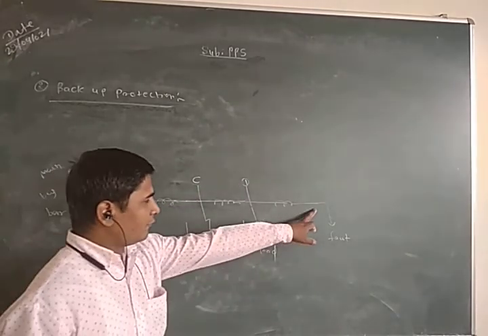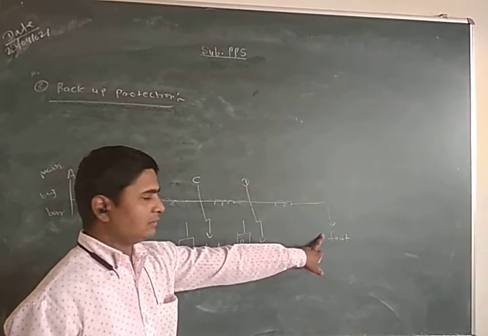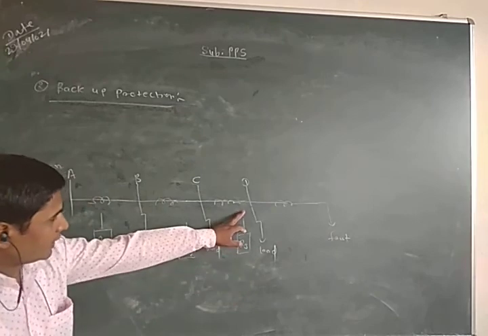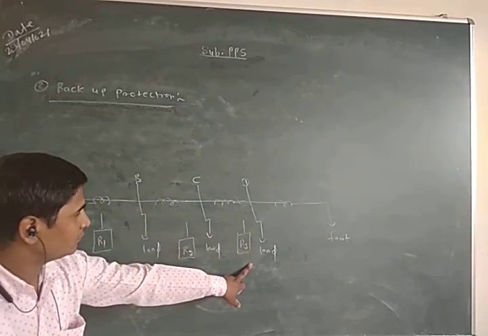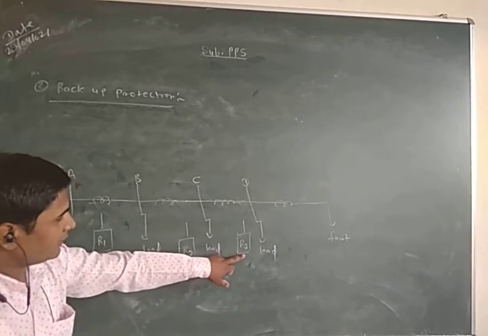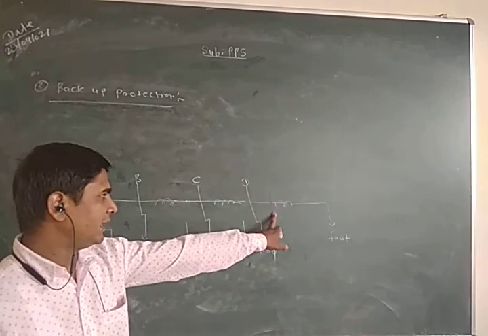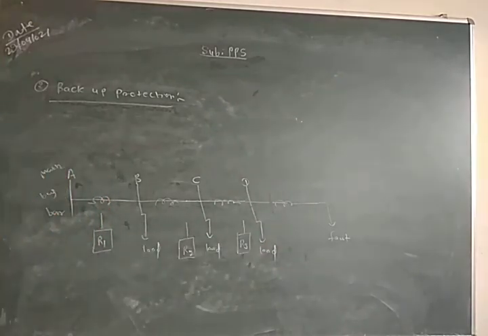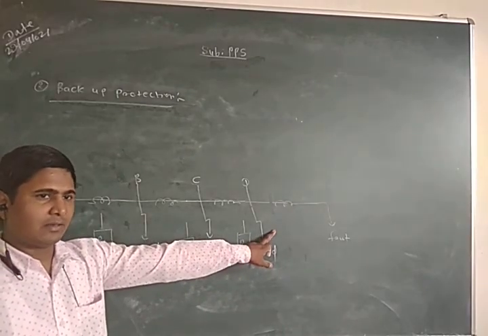Now if a fault occurs at the end of part B, then the circuit breaker of part B should operate. Means relay R3 will activate the circuit breaker to trip that circuit from the entire power system. So this type of protection will be known as main protection.